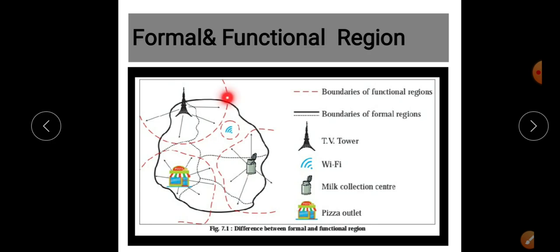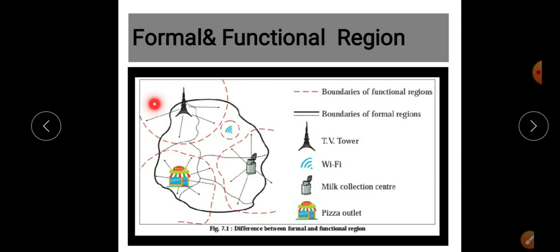Now which functions are there? Here is a TV tower and its range. Then Wi-Fi center is there. Then milk center is there. Pizza outlet is there. These several functions develop within one formal region. Now some functions are beyond the boundary of this formal region.